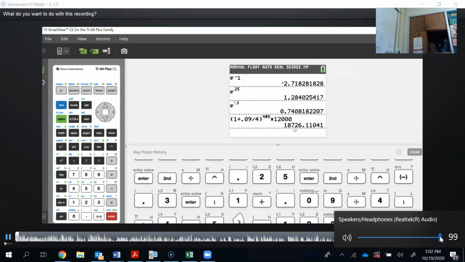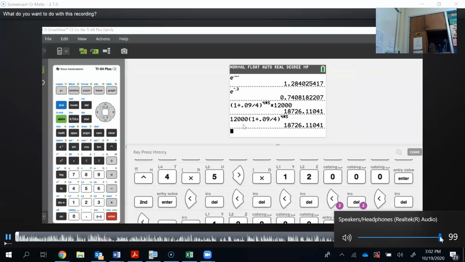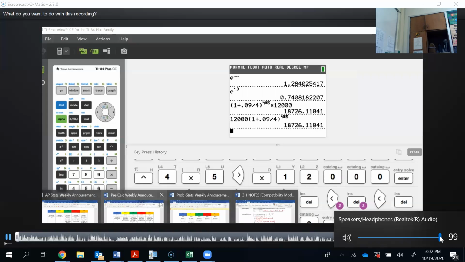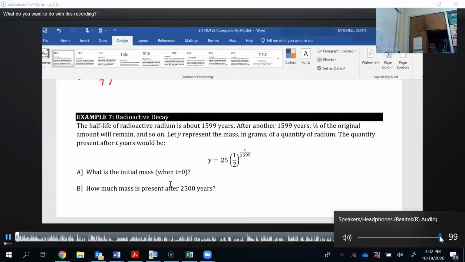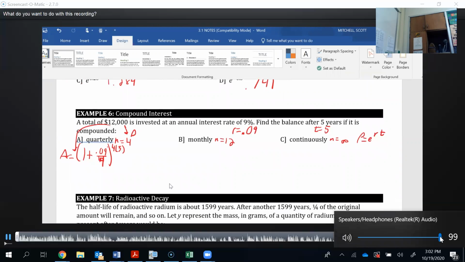So 18,726. You can also see I typed it in the other way. Doesn't matter whether you multiply before or after. $18,726.11. Okay, so that's compounded quarterly, 4 times a year.